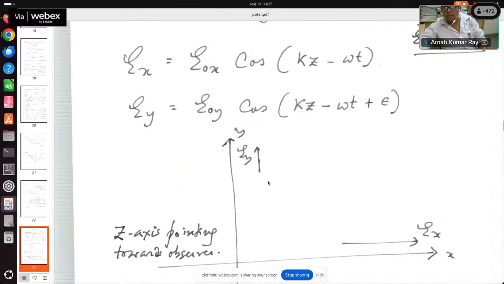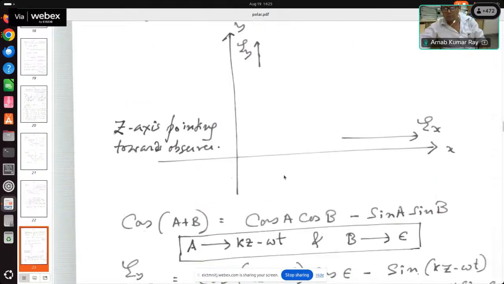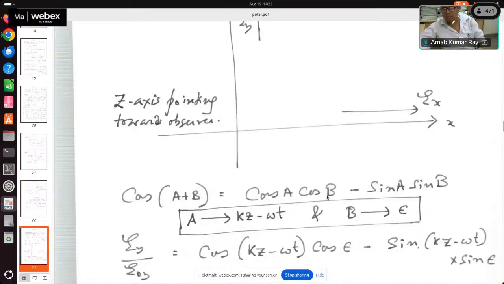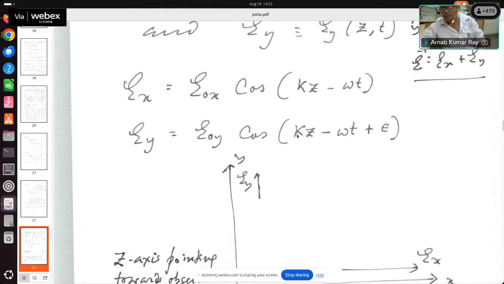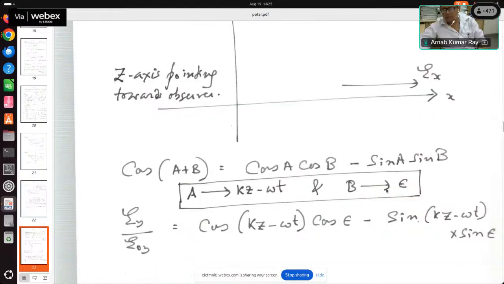Now, we shall make use of some trigonometric identities. Cosine of A plus B is cos A cos B minus sin A sin B. And what is A and what is B here? A is kz minus omega t in the Ey vector, and B is epsilon.